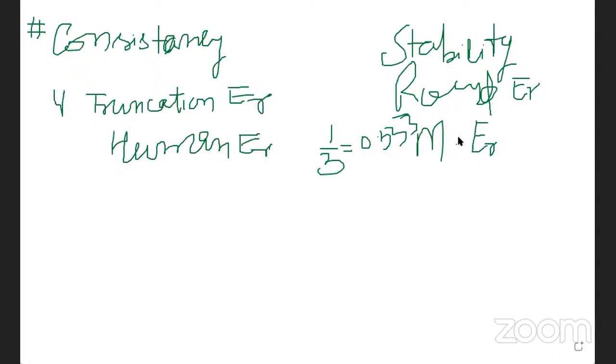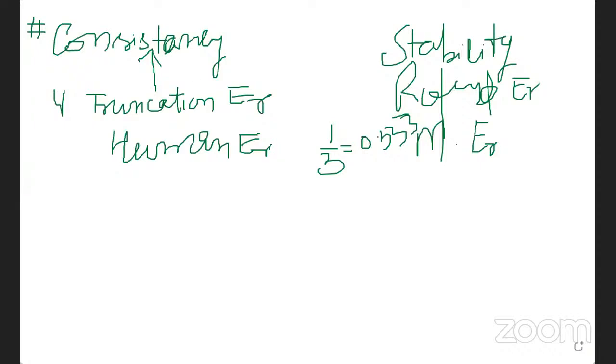At every platform, we have to address these two errors. In the development of methods to find approximate solutions of a differential equation, the first error, the human error, is addressed by the concept of consistency, and the round off error is addressed by stability.